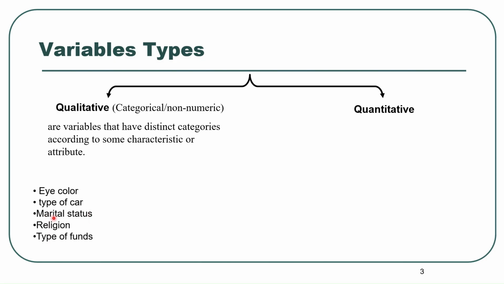A marital status is also a qualitative variable which is having categorical values as divorced, widowed, married, single, and so on. Religion as well, and types of fund. All of these variables are having its values as categories, and the difference between these categories is just a distinct class.